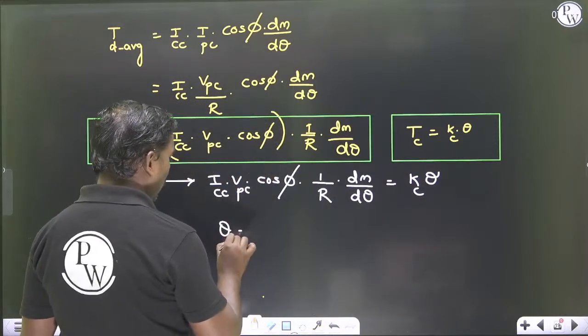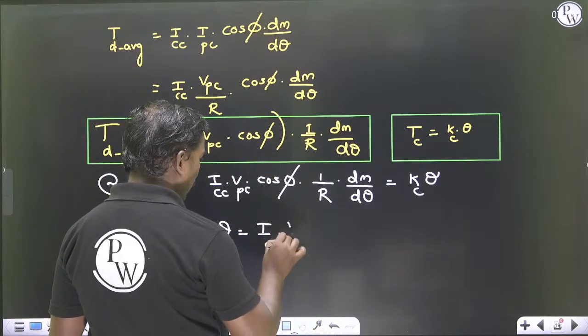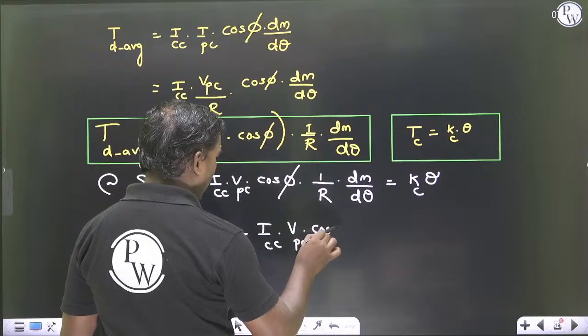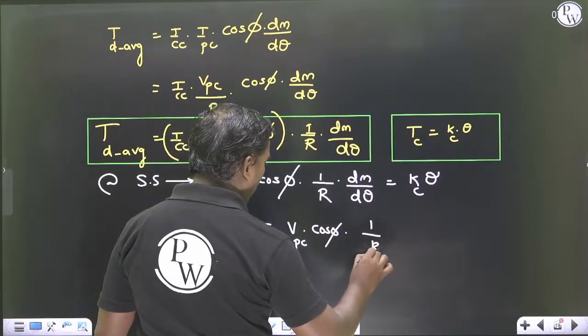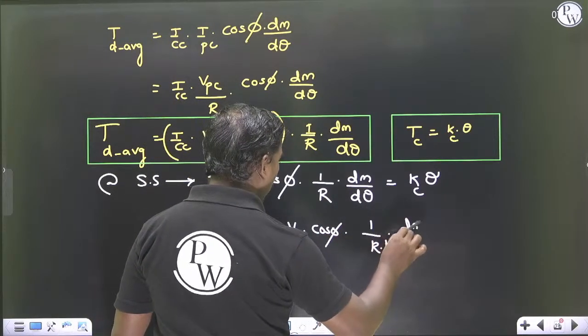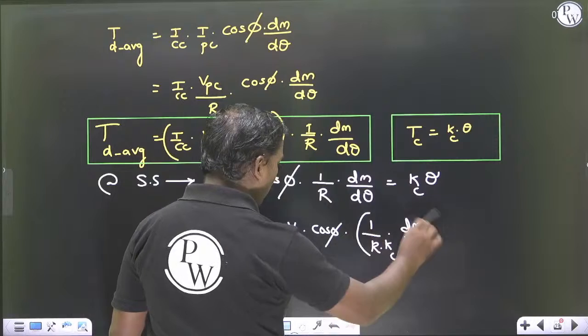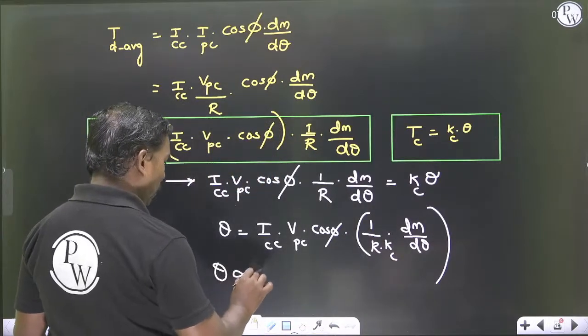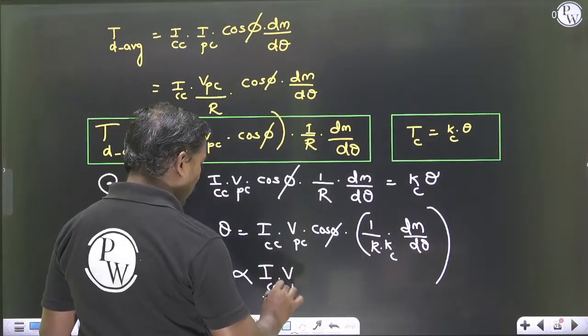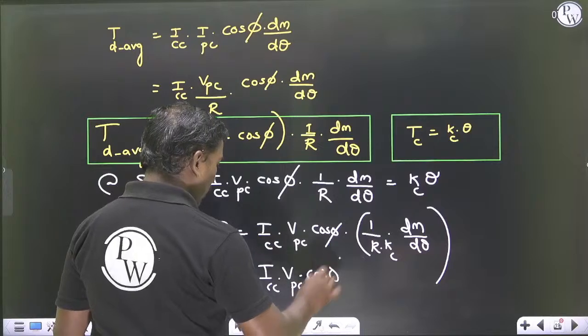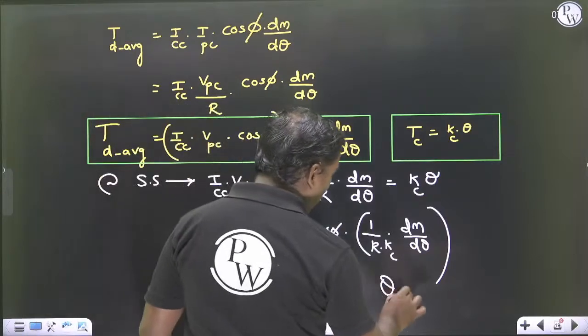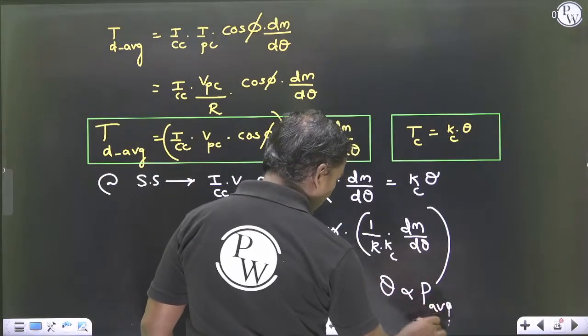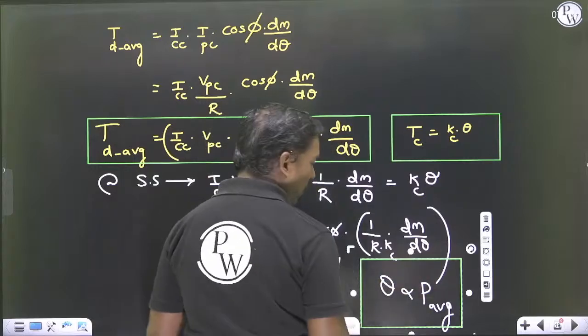So theta is equal to I_CC V_PC cos phi 1 by R K_C into dM by d theta. If you take this as some constant, theta is proportional to I_CC V_PC cos phi, which is nothing but the average power.